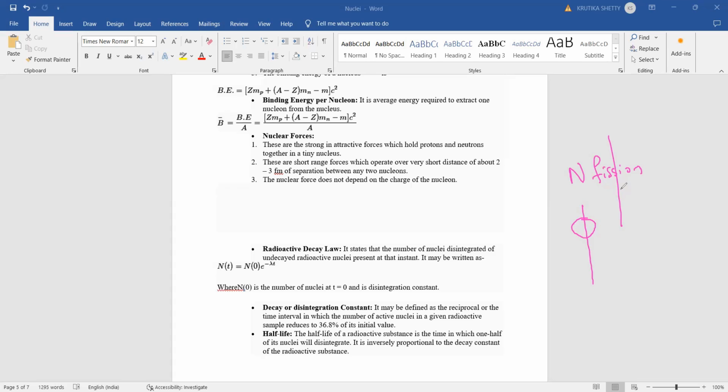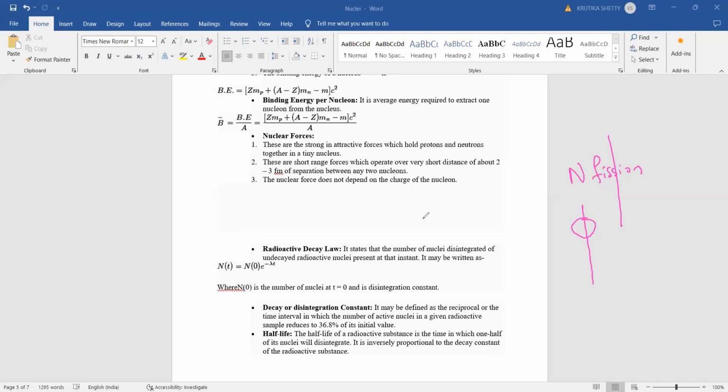So here in case of the nuclear fission, we are considering only the heavy nucleus, like after 90. In the periodic table, the elements that come after 90 are considered for this. So fission is what?